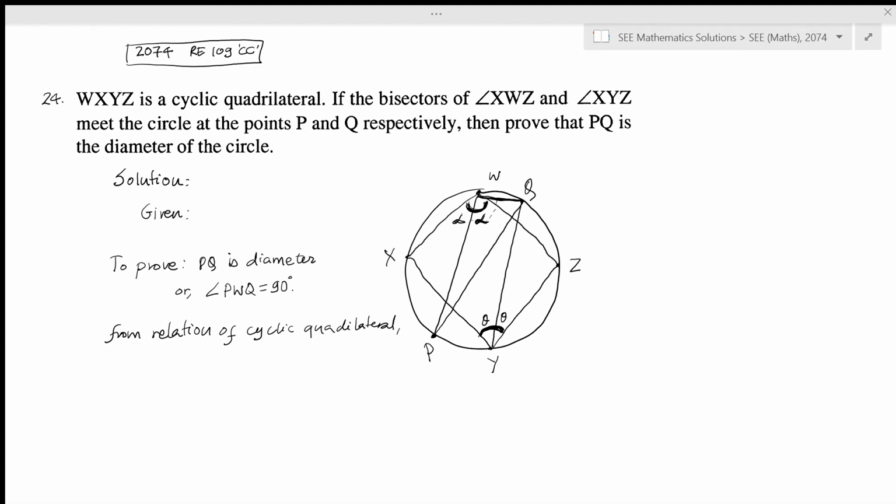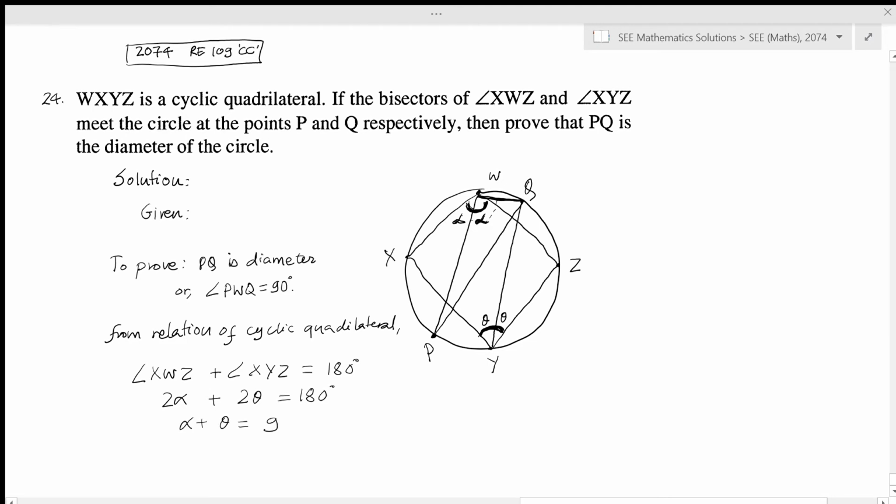So angle XWZ plus angle XYZ is equal to 180 degrees. I have considered XWZ as 2 alpha and XYZ as 2 theta. So 2 alpha plus 2 theta is 180 degrees. So this gives alpha plus theta equals 90 degrees, right? So this is one of our relations.